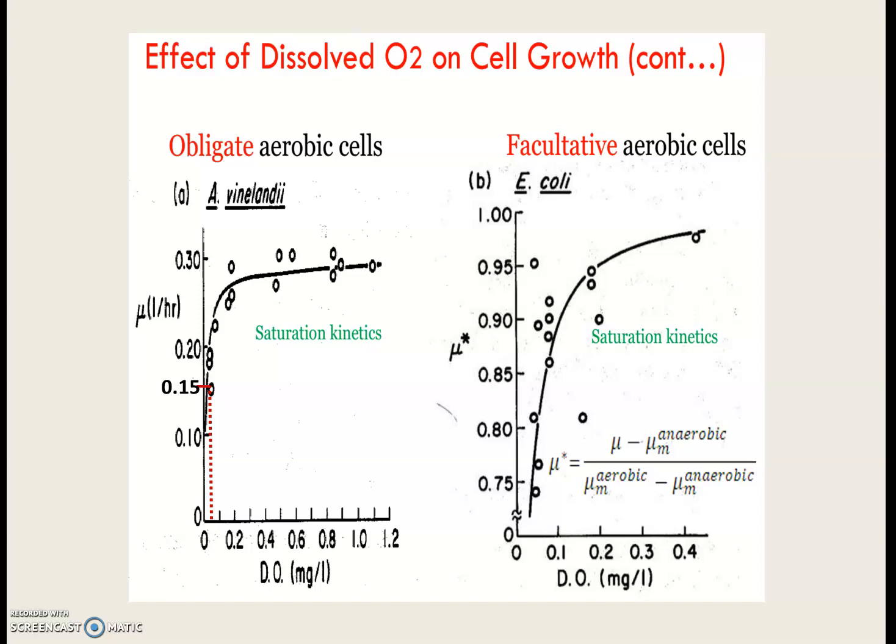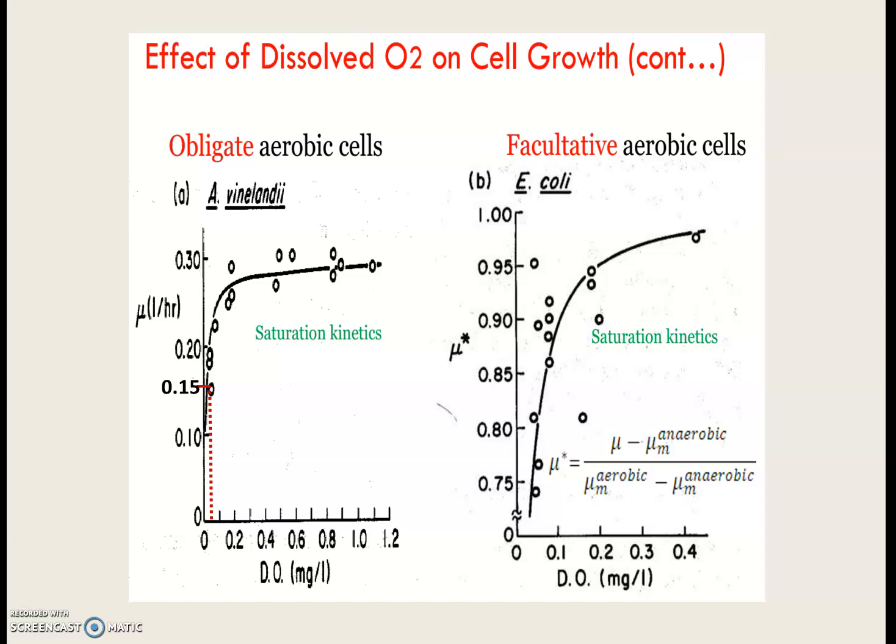That's what we call facultative. So you can see the dissolved oxygen for these obligate aerobic cells. Based on the specific growth rate here, it grows with the increment of dissolved oxygen, until saturation kinetics occurs.